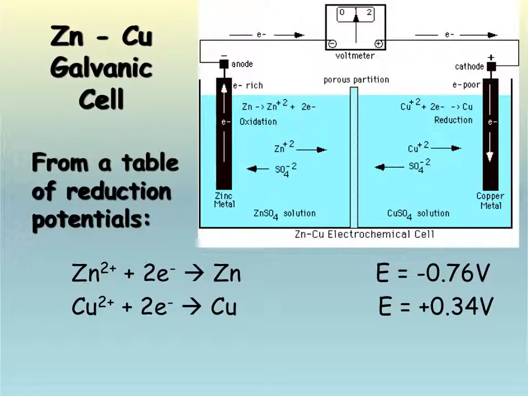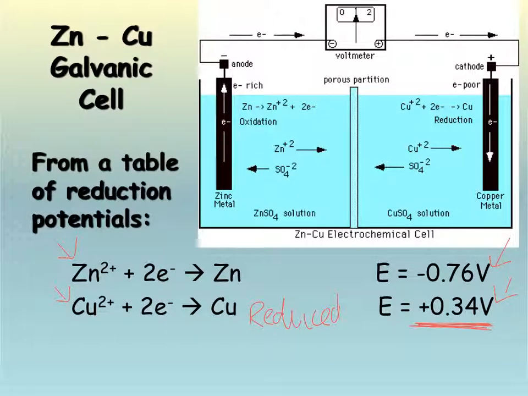Okay, so back to our copper zinc half cell. Okay, so I pulled out the reduction equations and their actual reduction potential values for both zinc and copper. Because copper has the highest positive value, so the most positive value, it's going to be the one that is reduced. So this equation is written appropriately.